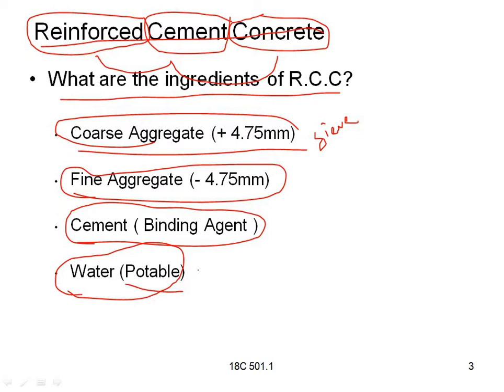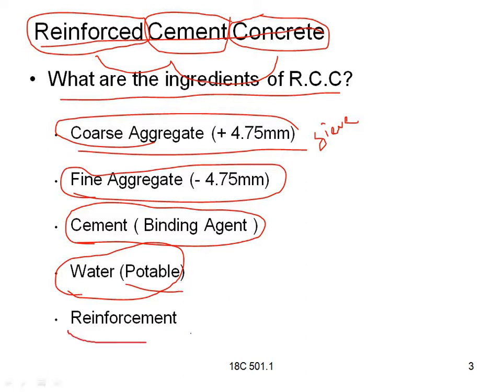So what is potable water? Normal water used for drinking purposes is called potable water. The acidic water we should not use, which has pH less than or above 7.